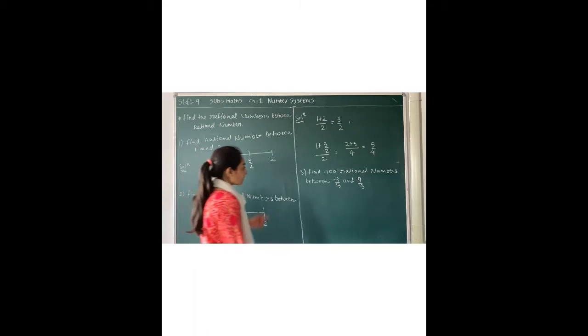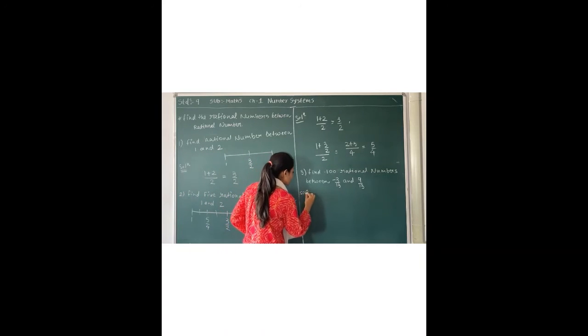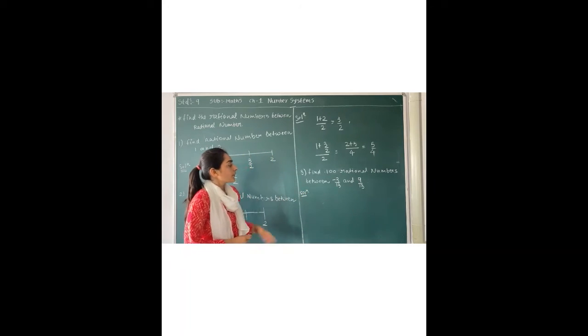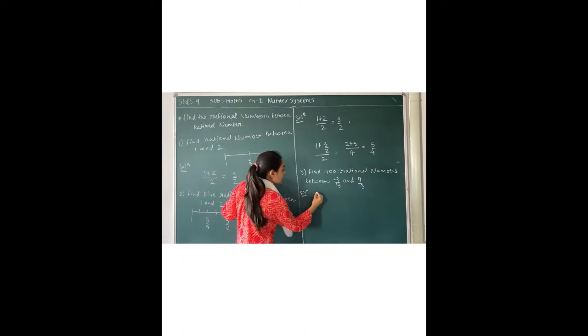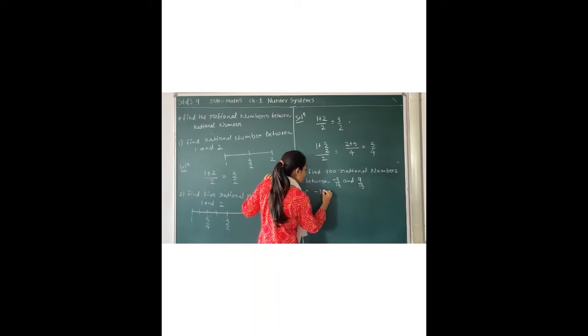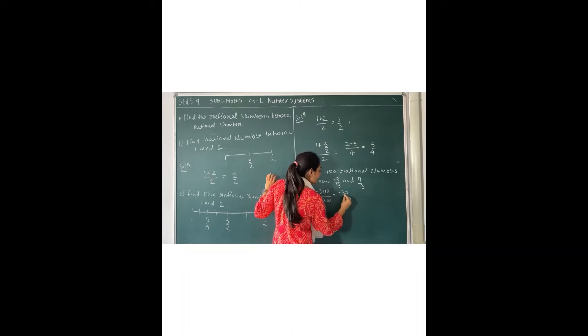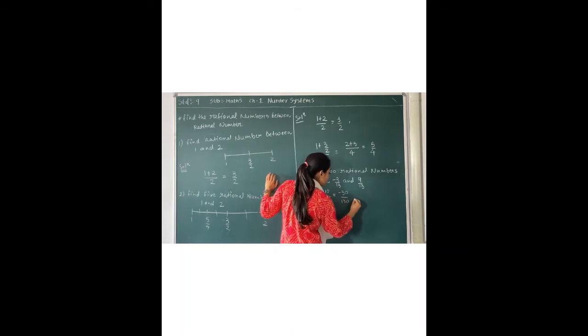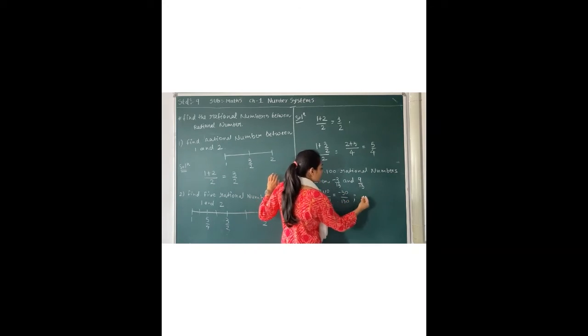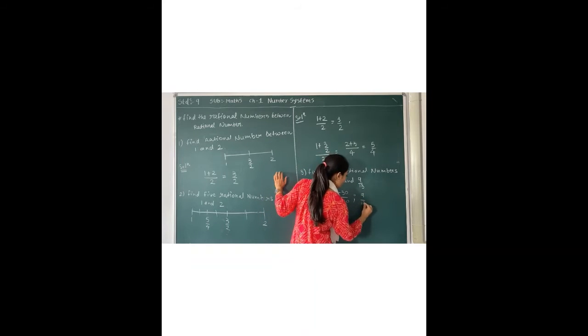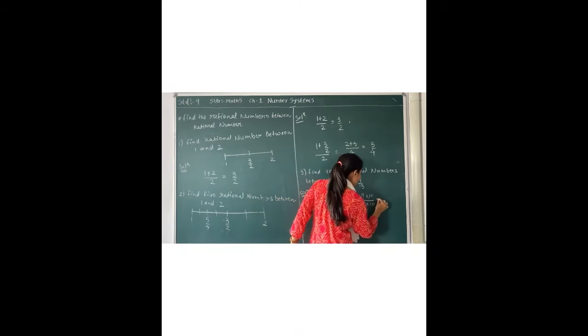Now we have to find the solution. What I'm doing is multiplying minus 3 upon 30 with 10 and 10 to get minus 30 upon 300. Same thing I'm doing with 9 upon 30, multiplying with 10 and 10, so 90 and 300.